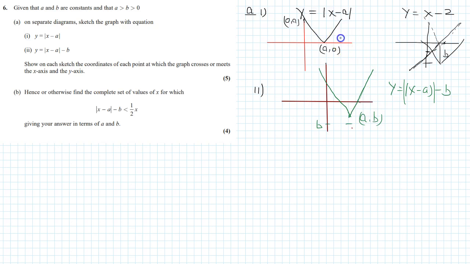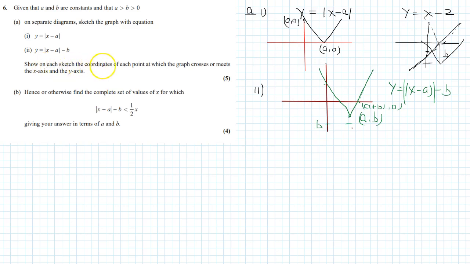Now it has shifted, so this is a minus b and this is a plus b. This is a plus b, x and 0. This is a minus b, this is also a minus b. So that is the graph.